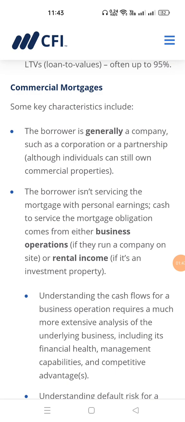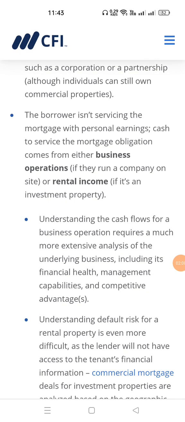Commercial mortgage. Some key characteristics include: the borrower is generally a company such as a corporation or a partnership, although individuals can still own commercial properties. The borrower is not servicing the mortgage with personal earnings.